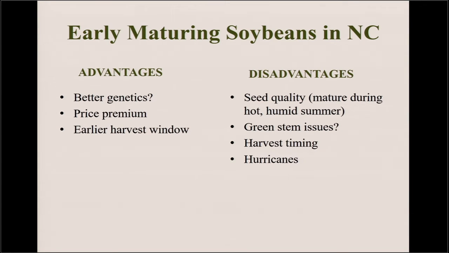But harvest timing can also be a disadvantage with these earlier maturing soybeans for our growers that have more complex rotations. Because of the seed quality issue, timely harvest with these maturity groups is really critical. And some of our growers cannot prioritize soybean harvest in September or early October when there's a lot of other things going on with their rotations.